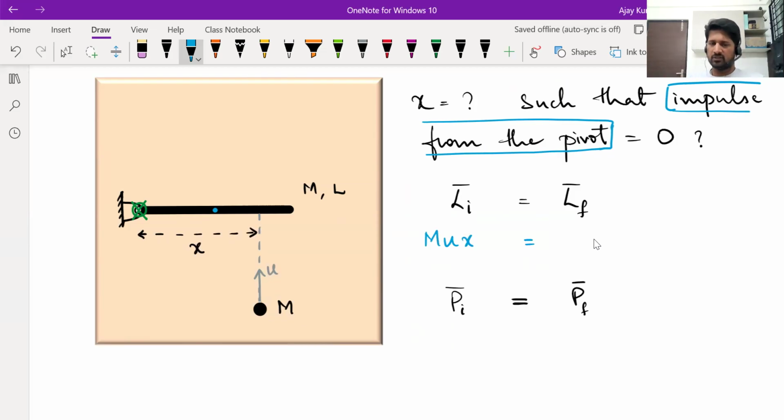Particle comes to rest after collision, rod rotates. So how will you write final angular momentum? Rishi, final angular momentum?